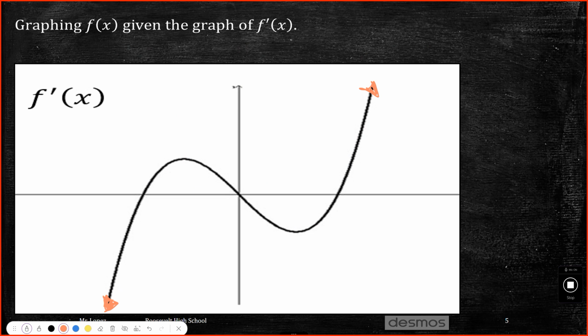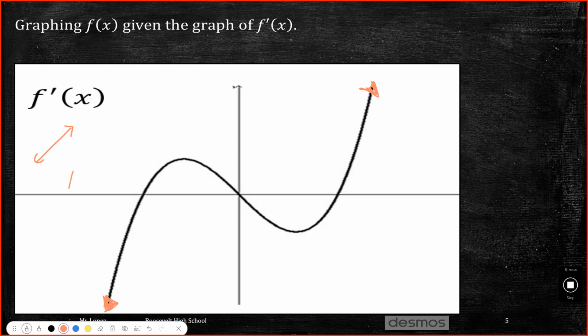So it must be some, like I said, this looks to be a third degree function. What should its f function, what should f look like? You guys remember, no? We said that a first degree is a line.